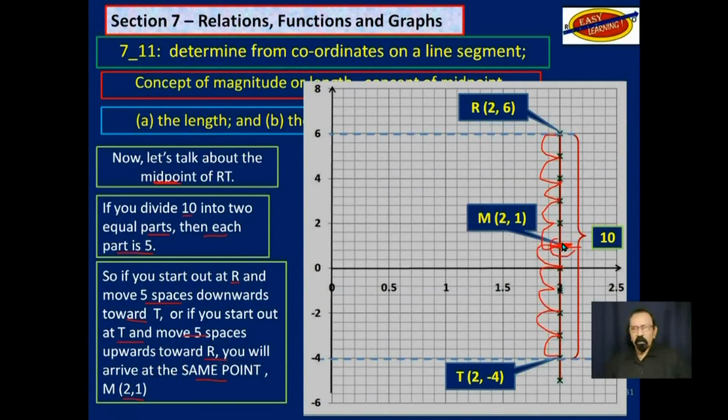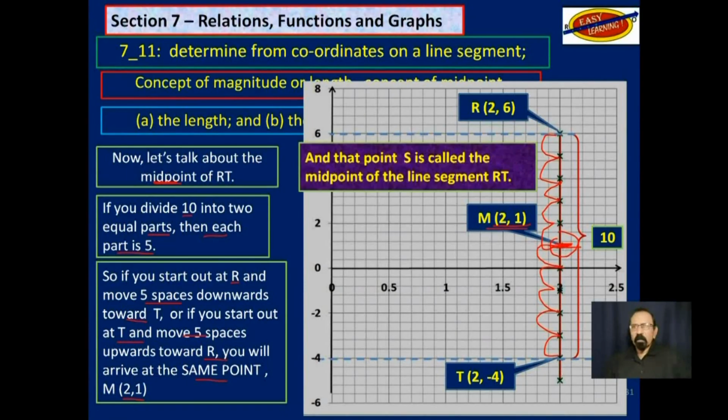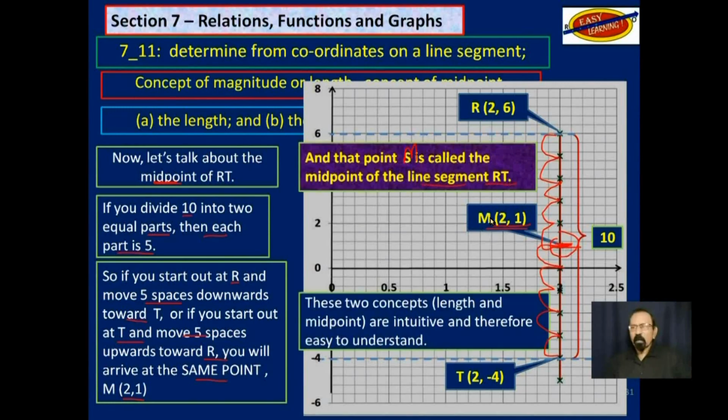The same point here, M, (2, 1). The point M is called the midpoint of the line segment RT. These two concepts, as I said before, length and midpoint, are intuitive and therefore easy to understand.